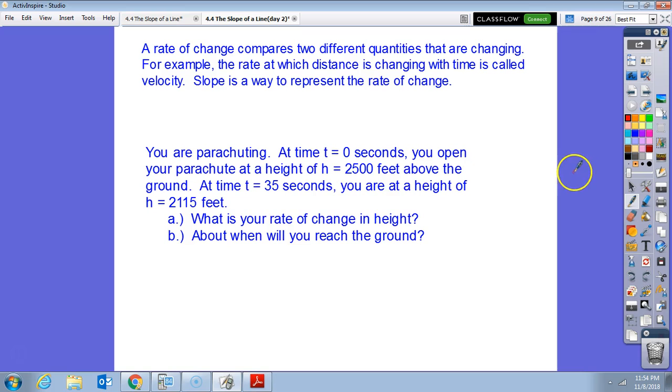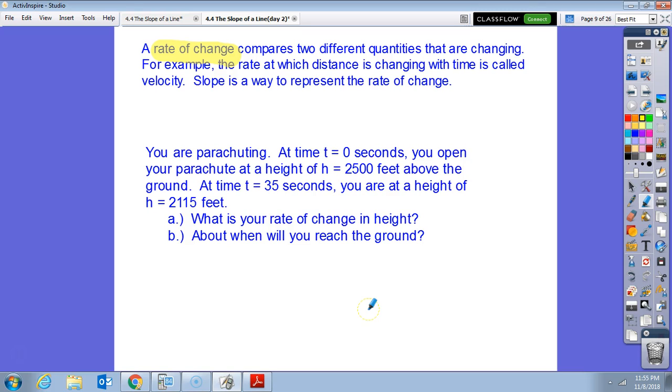The final thing that we're going to talk about today is that another way to talk about slope is calling it a rate of change. Remember, slope is how quickly the line is changing across the graph. It tells you how fast something is changing.